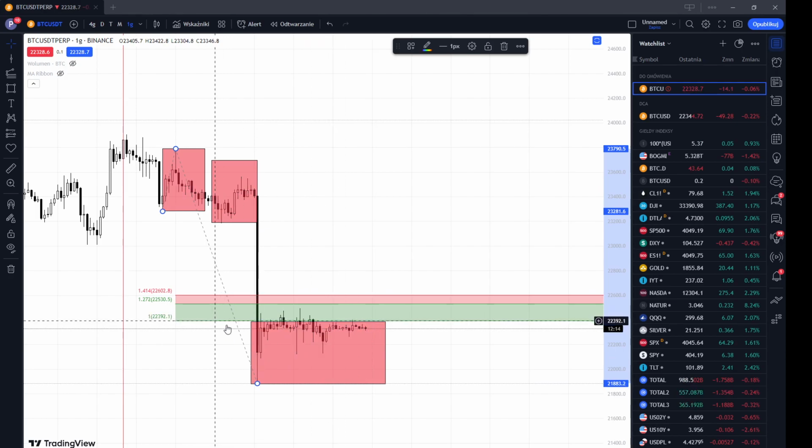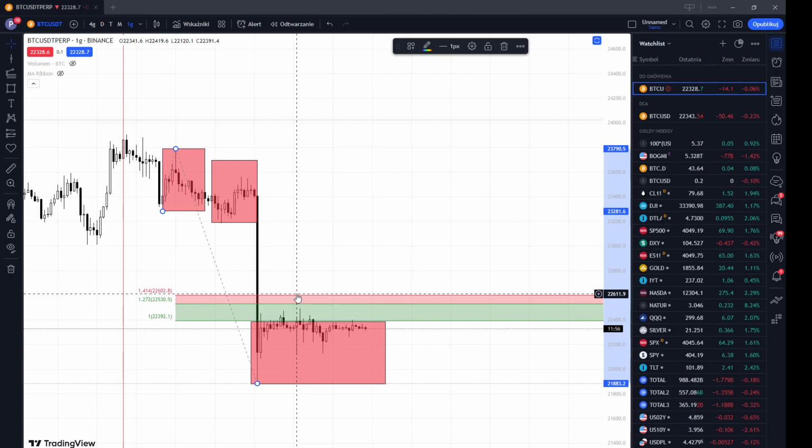This is also the level at which the bears would have their shorts parked, so above 1 and up until 1.272. These are the settings that I use.